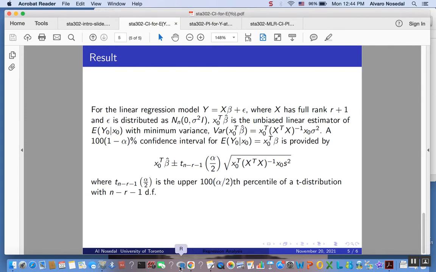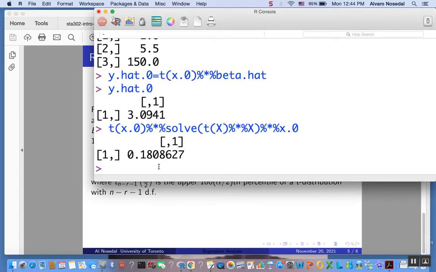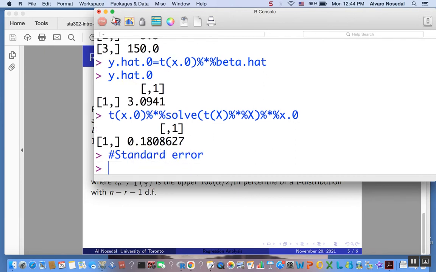Let me remind you that one way of getting the sum of squares for error, SSE, would be using the matrix H. So we are going to be finding the standard error next.